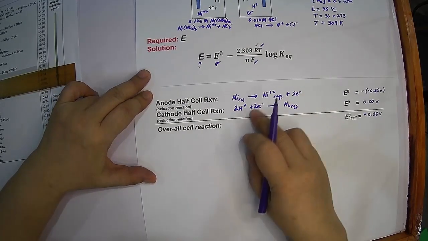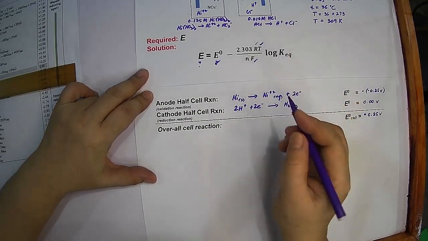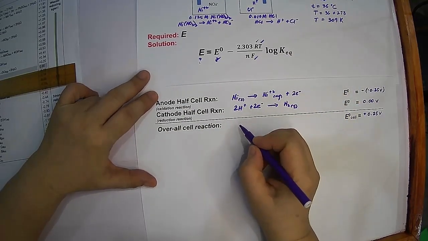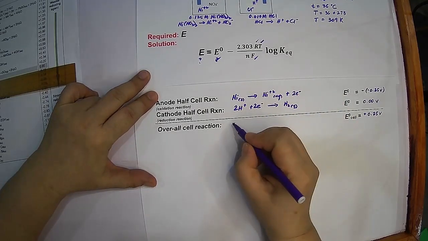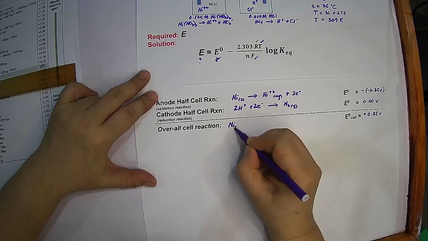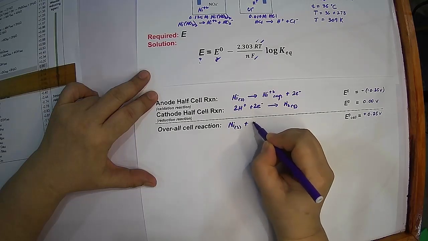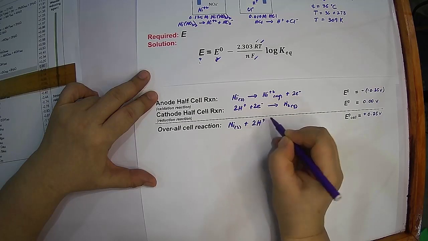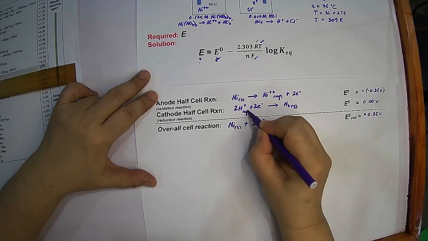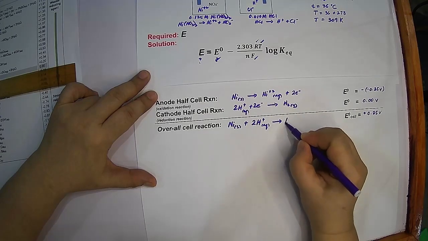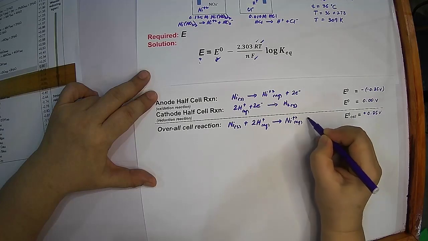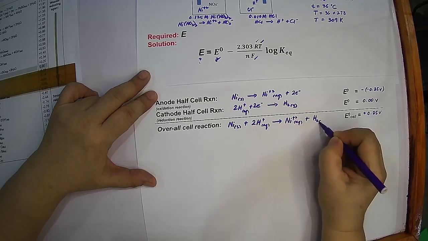Okay, and you write the Keq based on the balanced equation. Okay, so we have nickel plus 2 hydrogen ion, aqueous, will give you the nickel ion and the hydrogen gas.